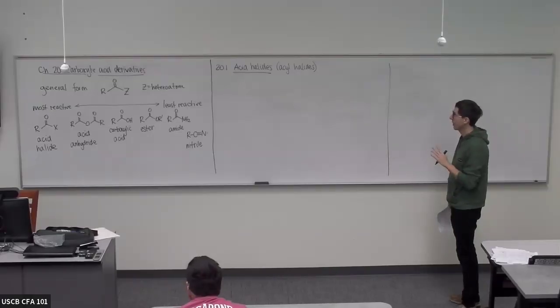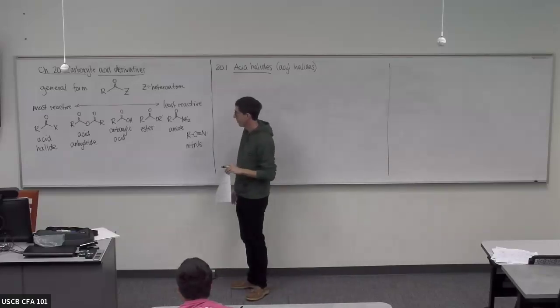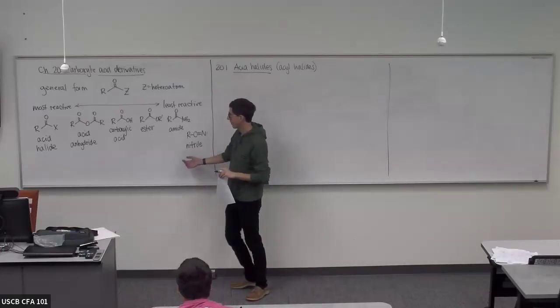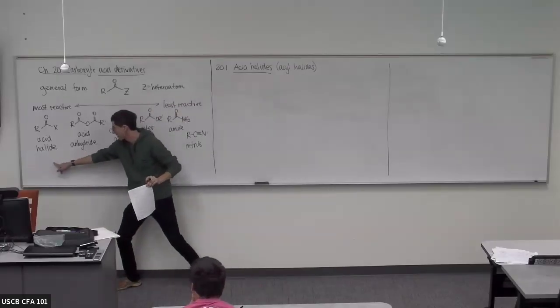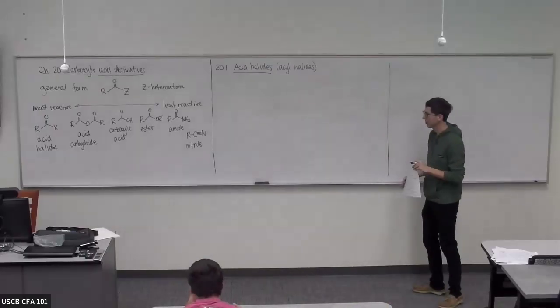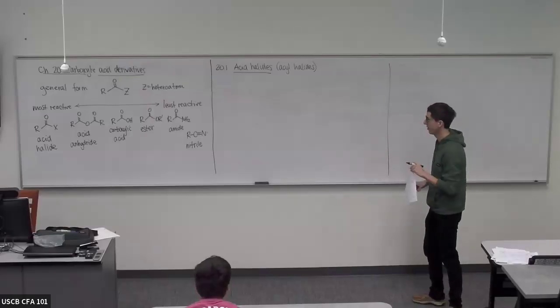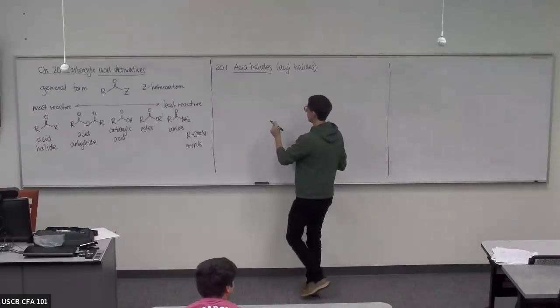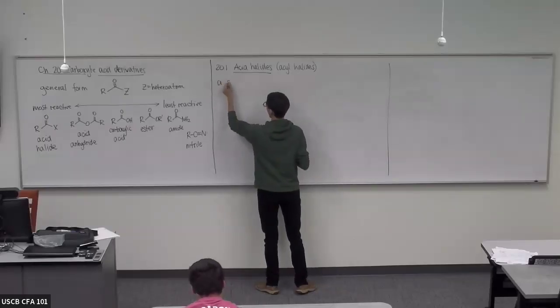And it's not because I forgot what I already said, although that may be the case. But there's a way to get from carboxylic acid to an acid halide, and there's a way to go from an acid halide to a carboxylic acid. And so we're going to talk about that reaction right now, but twice in this chapter, just so you can see the different directions you can go with these things. Okay.